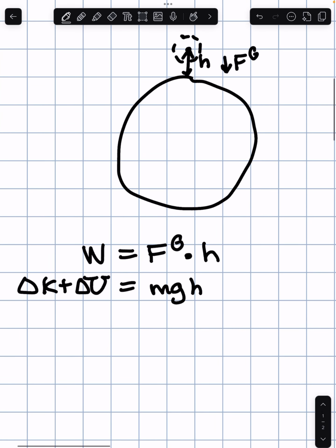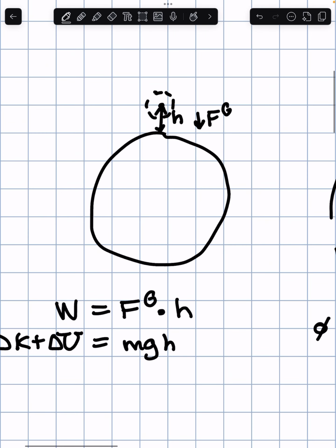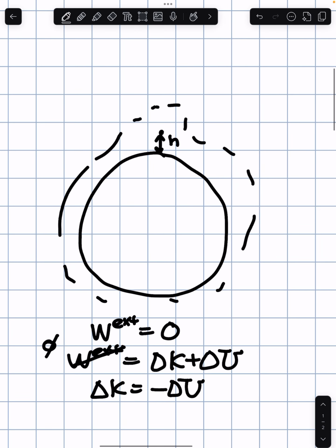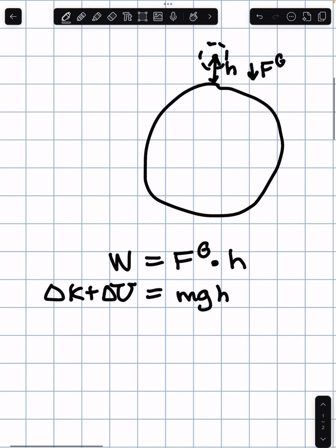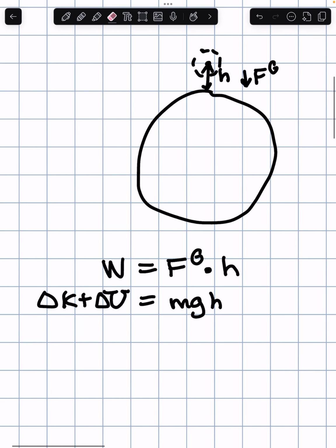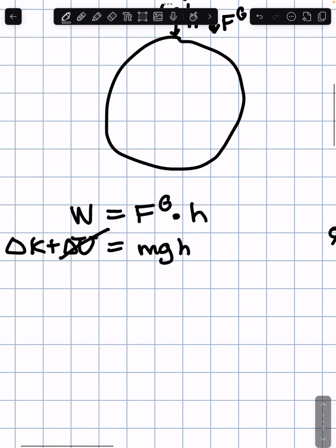Delta u has to be equal to 0 here. Why? We are not considering potential energy. We would if we were considering Earth to be part of the same system, but because they're not part of the same system, we are not considering potential energy. So we're going to write that as 0.